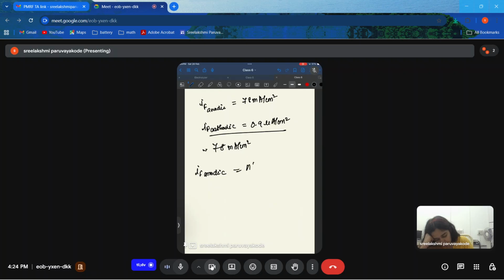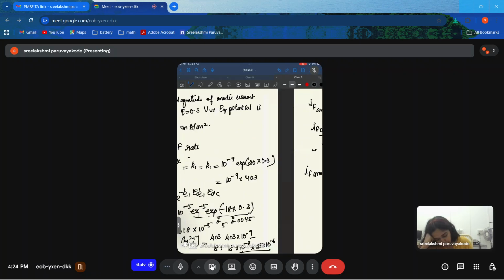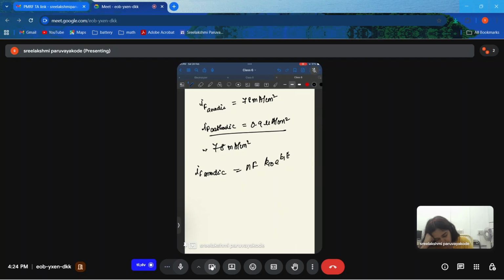is going to be n F into the forward reaction K10 e to the power B1 EDC, and I_F cathodic equal to n F K minus 10 e to the power minus B minus 1 EDC into M solution 2 plus.